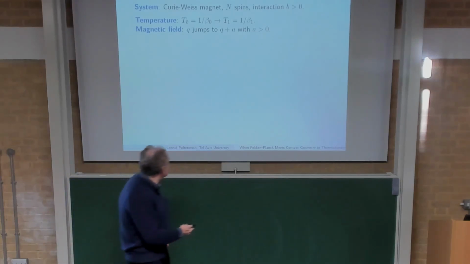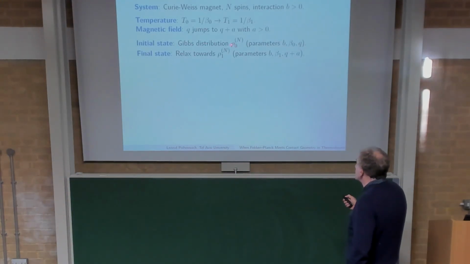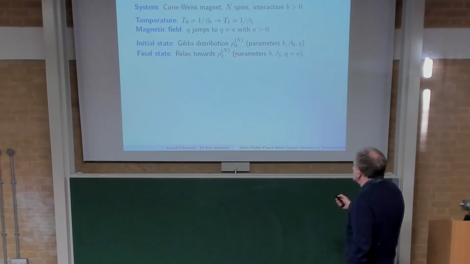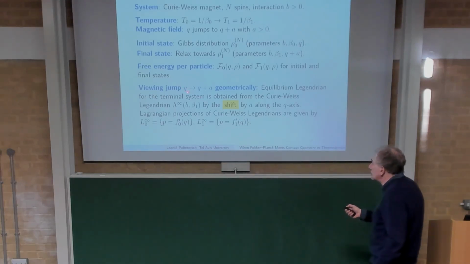Okay. And so then the following happens. We were in the initial state, in some Gibbs distribution rho 0 n corresponding to parameters beta 0, q. Then the final state we will relax towards is rho 1 of n, another Gibbs distribution with parameters beta 1, q plus a. And we can write formulas for the free energies corresponding to this change of parameters, and we will view this jump q goes to q plus a geometrically.